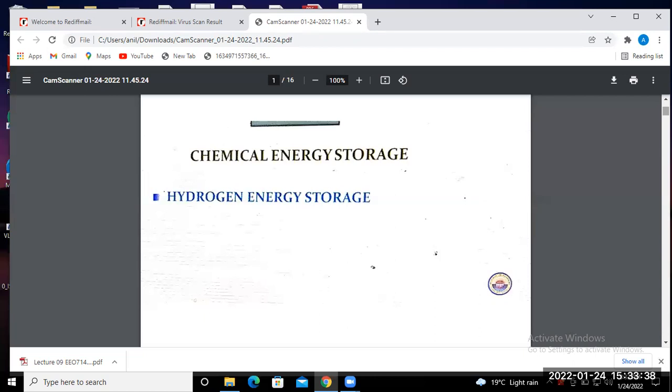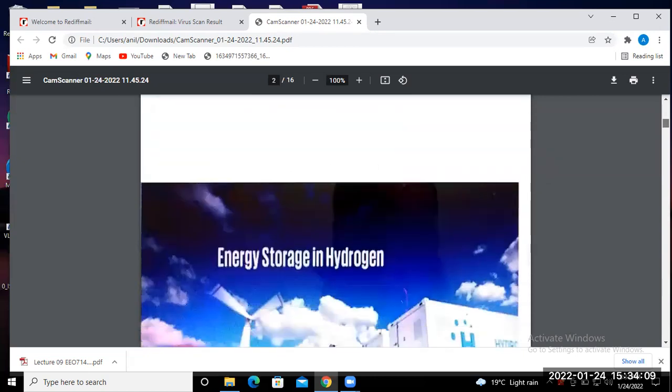If we use hydrogen gas, then we can fulfill our requirement in another form, where the chemical energy is stored in hydrogen. So let's start with the hydrogen energy storage system. The energy is stored in this form, and then we can use it whenever we require.